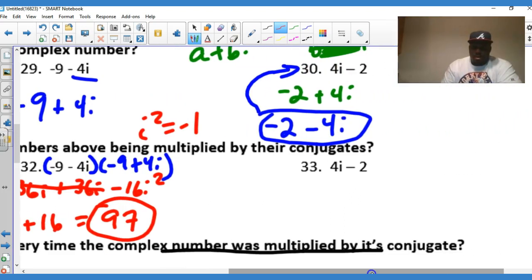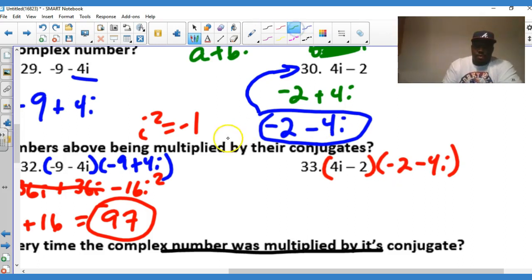Now, this one right here, its conjugate is negative 2 minus 4i. All right, so let's FOIL it out. You have 4i times negative 2, that's going to be negative 8i. Negative 4i times negative 4i is going to be a positive 16i squared.